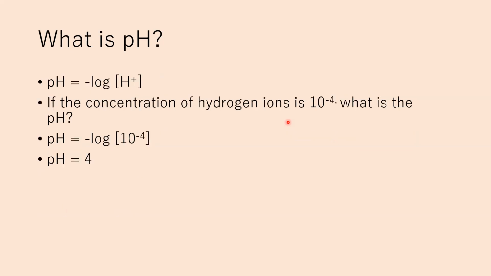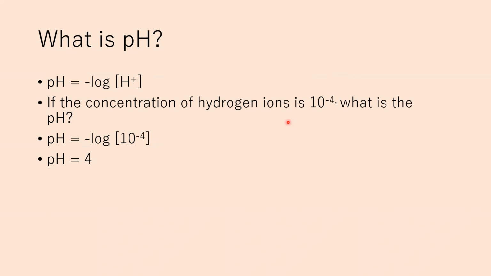Let's take a look at calculating pH in an example. Consider a case where the concentration of hydrogen ions is 10 to the negative 4th power. What is the pH?